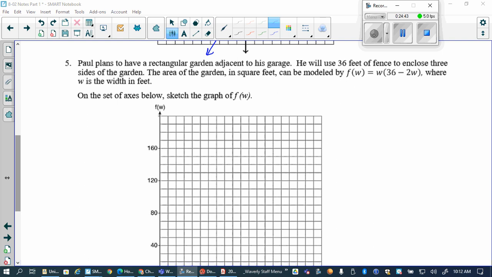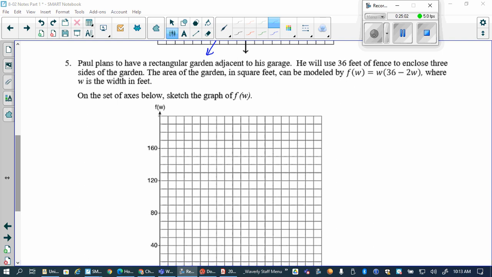The area, yes. f of w equals w times (36 - 2w). And what is w? The width of the garden, right? So we can make the garden wider or narrower.